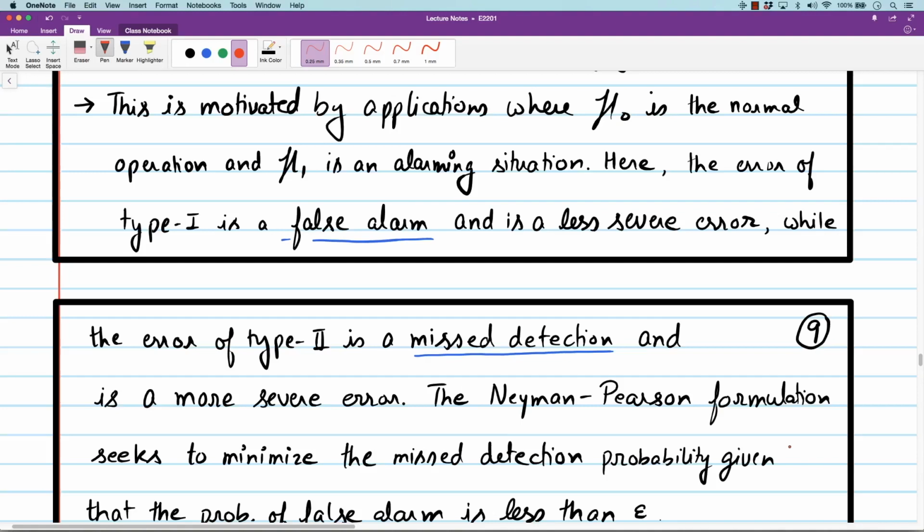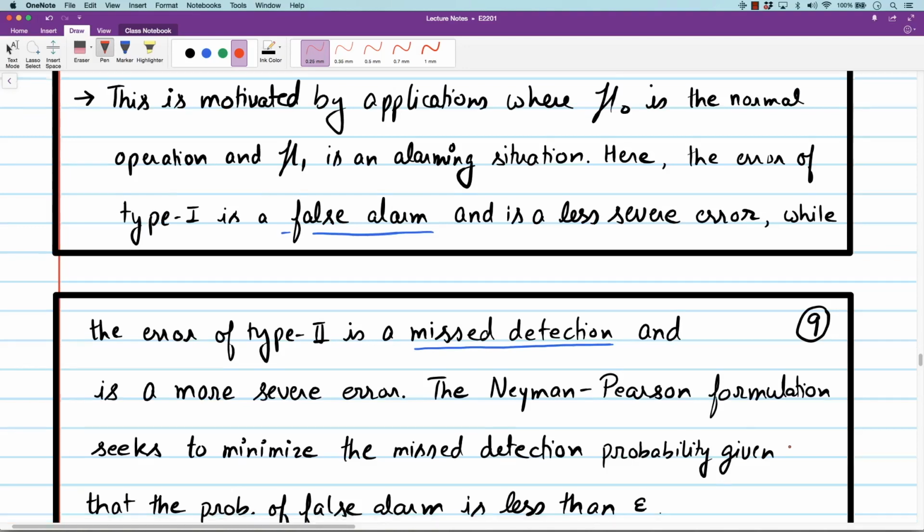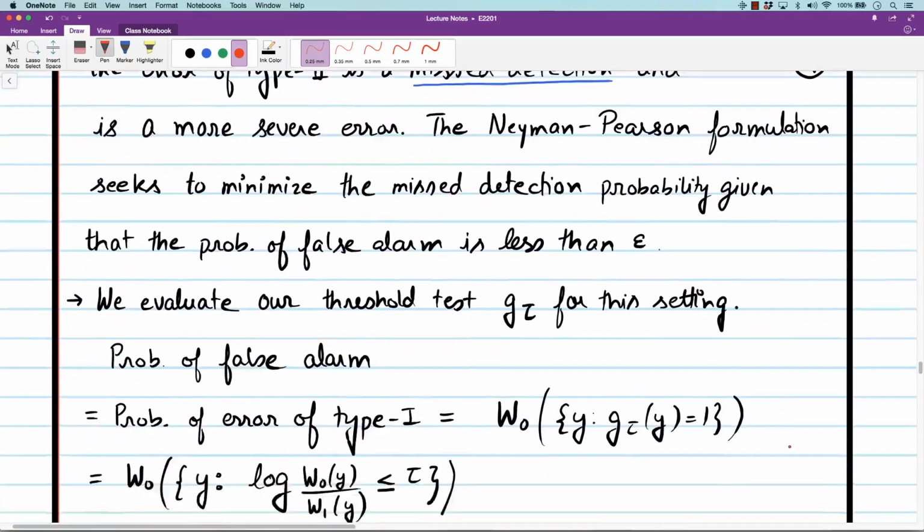So this is a false alarm. It's a less severe kind of error, so you don't want to declare false alarms. However, the error of type 2 is a missed detection. The disease was present, but you didn't find it. This is a very severe error. And therefore, it makes sense to ask for a nominal guarantee of a small false alarm while minimizing the misdetection probability. That's what the Neyman-Pearson formulation does.